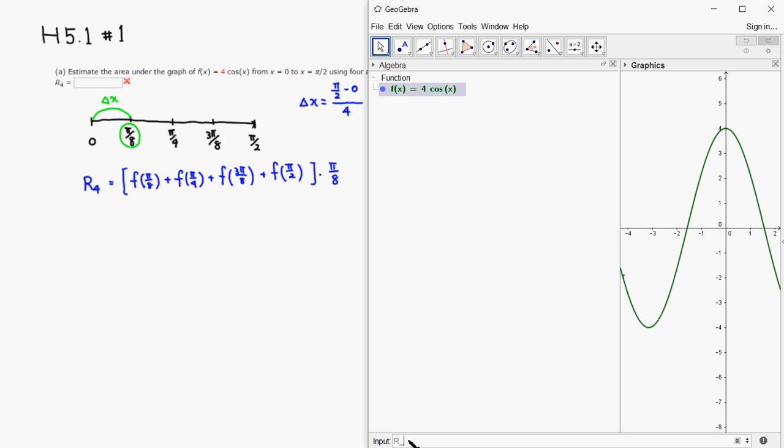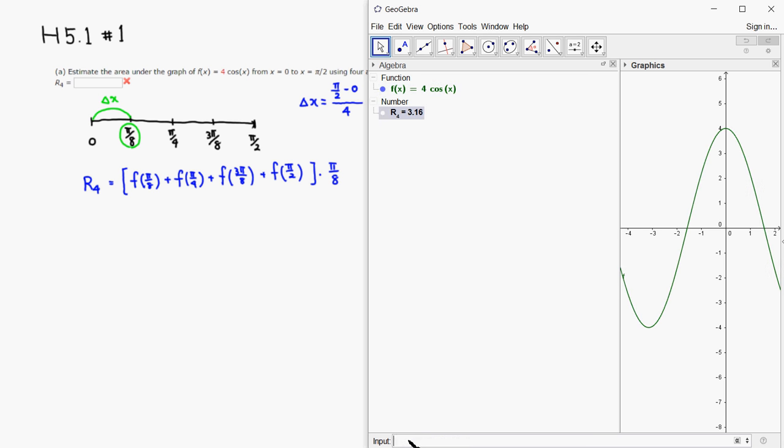R4 is equal to, in parentheses, f of pi over 8, and you can type pi for pi, plus f of pi over 4, plus f of 3 pi over 8, and the last one is f of pi over 2. Then you multiply by pi over 8.